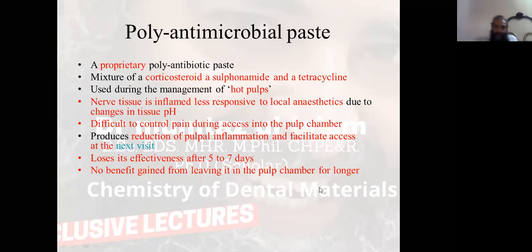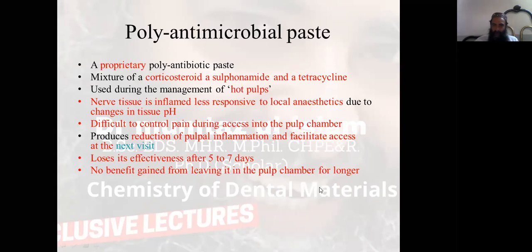It is difficult to control pain during access into the pulp chamber. It produces reduction of pulp inflammation and facilitates access at the next visit, not at the same visit.